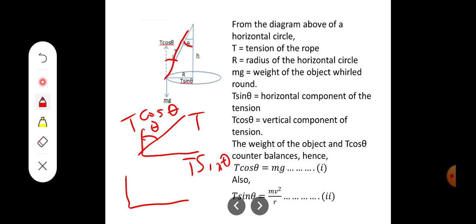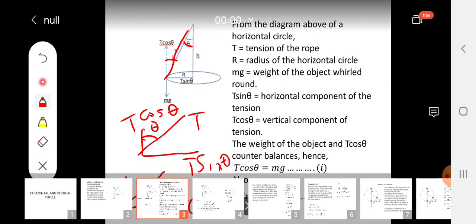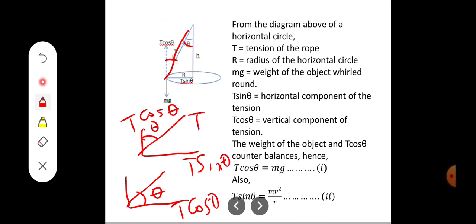But if the angle is this way, the angle is touching the horizontal. In this case here, the first case, the angle is touching the vertical, but here the angle is touching the horizontal. It means that the horizontal component will be t cos theta, and the vertical component is going to be t sine theta. So please note that in case of resolution of forces.